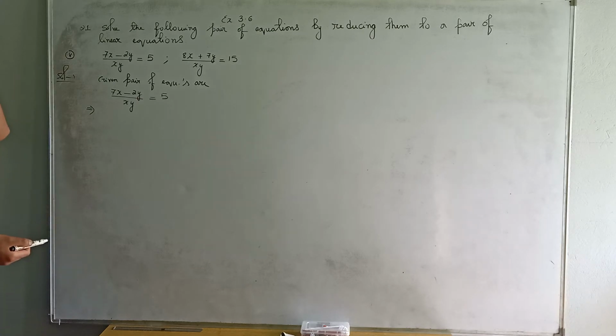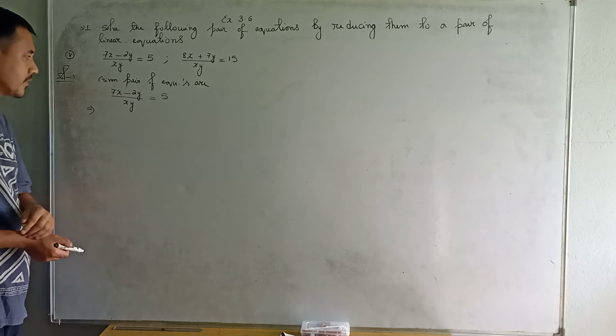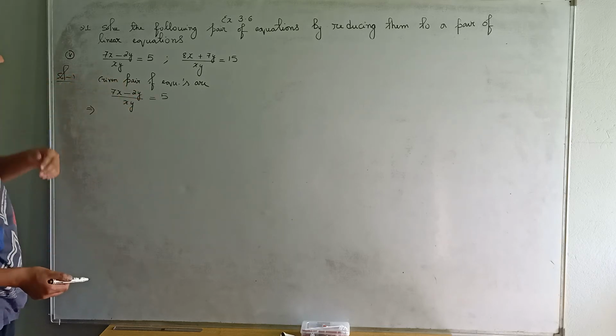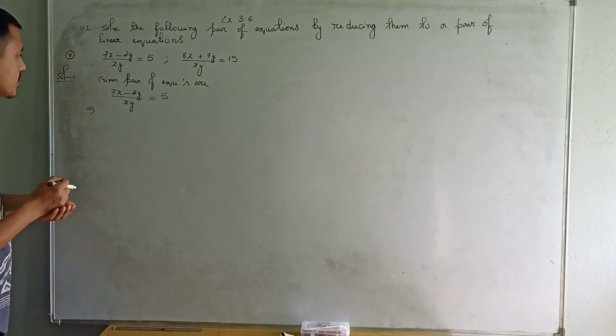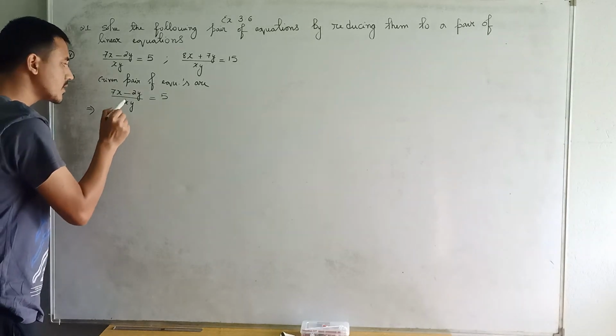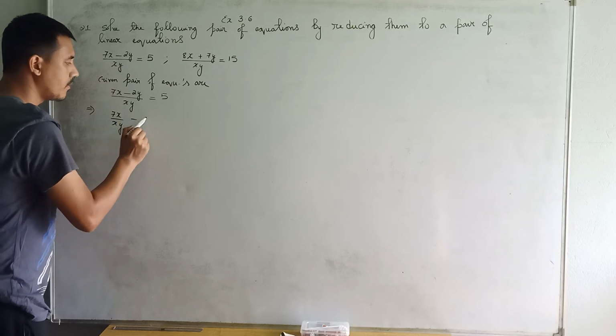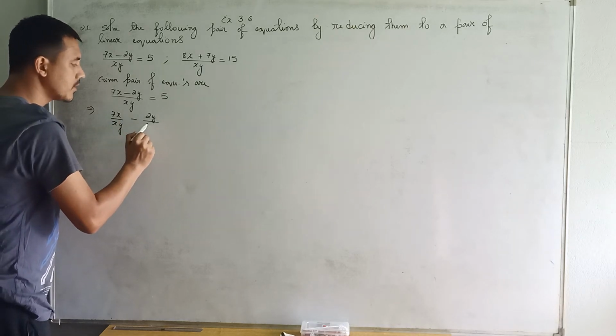The only thing that you do is, why don't you separate the terms on the numerator? Let's separate the terms then. 7x upon xy minus 2y upon xy.